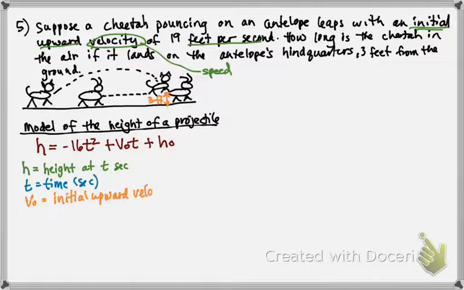So in the problem we did before, the initial upward velocity was 48 feet per second, because it had 48 in that problem. And then the last number, the h sub 0, is going to be the initial height. So where did things start from?